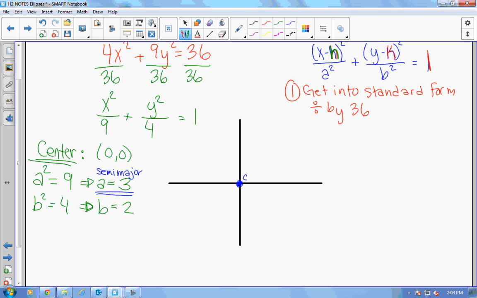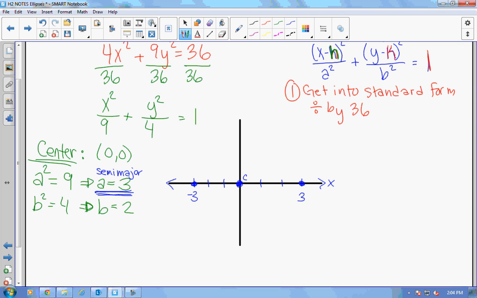So from the center, we need to add 3 and subtract 3, or step to the right 3 and step to the left 3. So where would I have my vertices on the major axis? 3 and negative 3, because it means going left 3 from the center, and right 3 from the center.